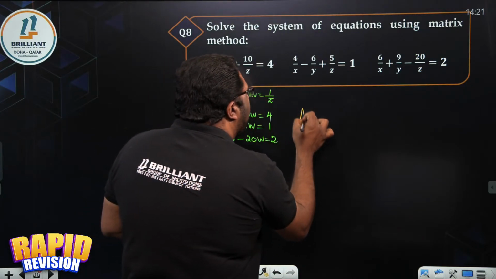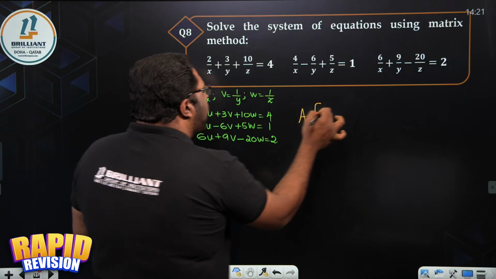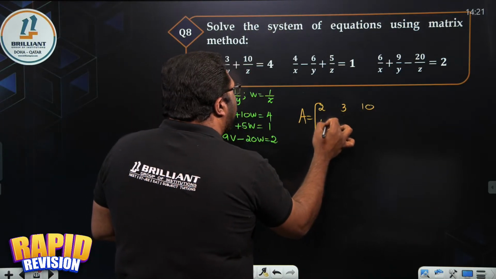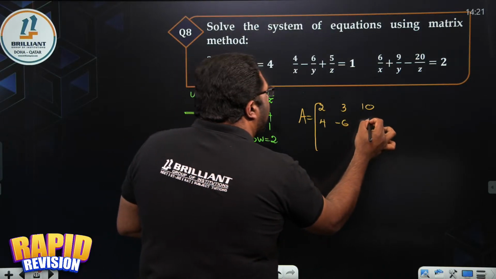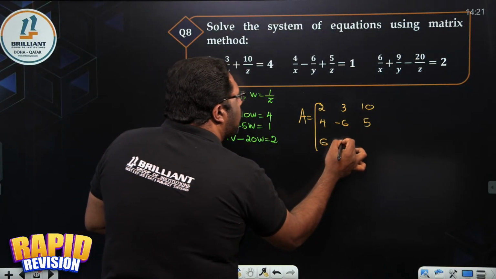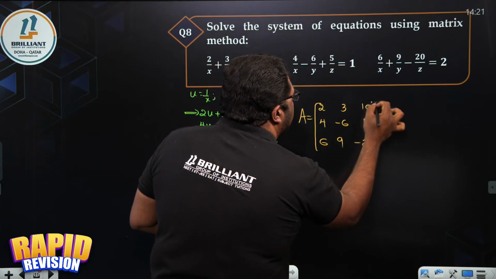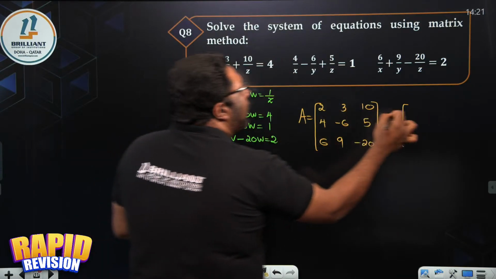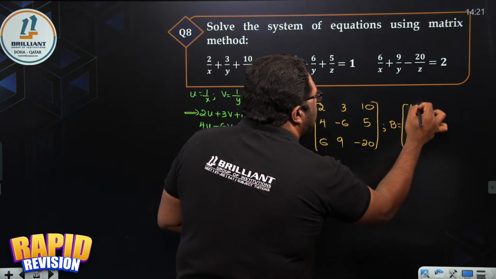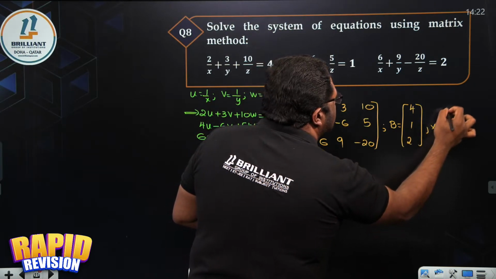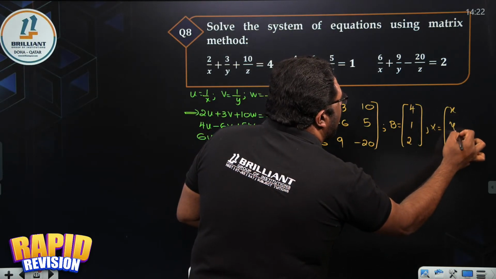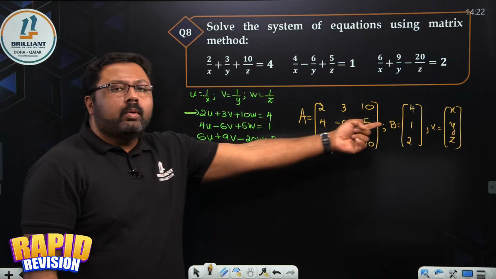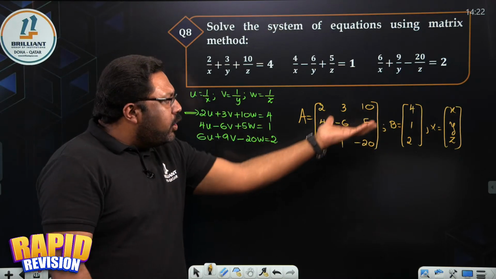And you will again call matrix A as the same procedure: 2, 3, 10, 4, minus 6, 5, 6, 9 and minus 20. And matrix B, the right hand side, 4, 1 and 2. And X as X, Y, Z. This is how you create the 3 matrices, and you know how to solve it.